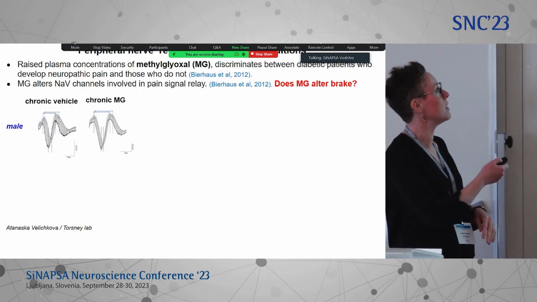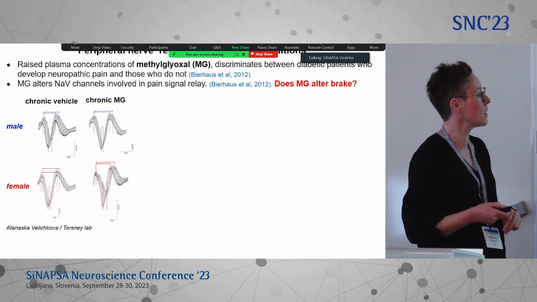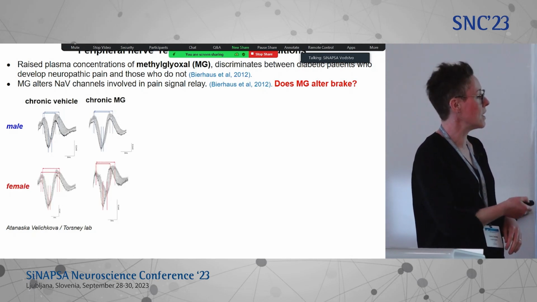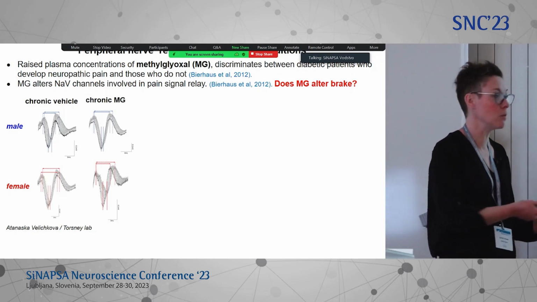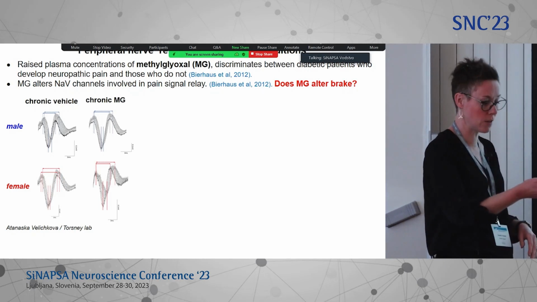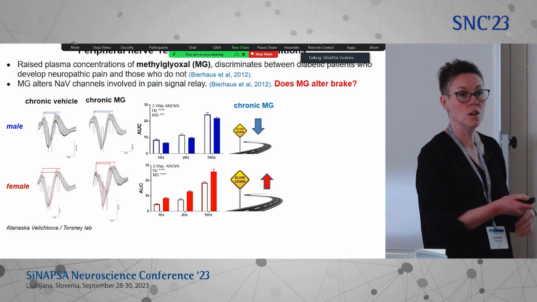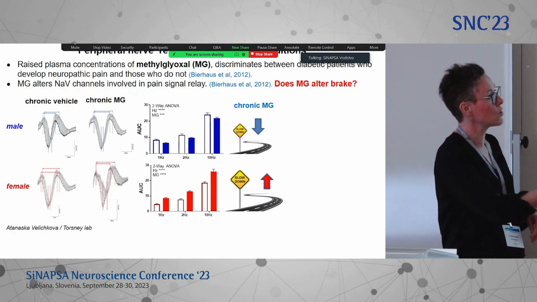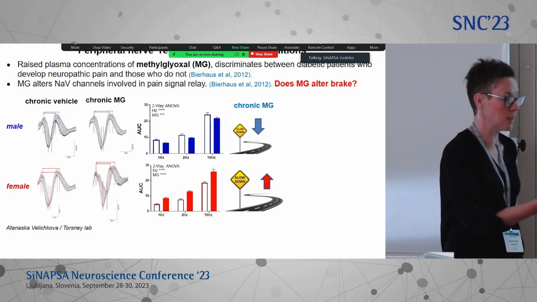So in this male example here, methylglyoxal appears to reduce the break, whereas in this female example, we see actually the complete opposite. We see an increase in this break, and that is quantified here. So in the presence of methylglyoxal, there's a reduction in the pain break in males, but an increase in females.